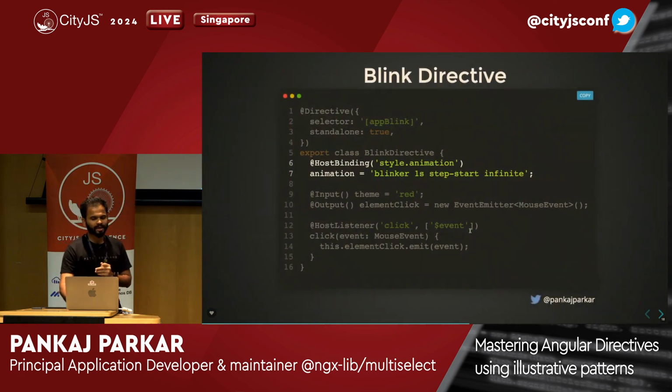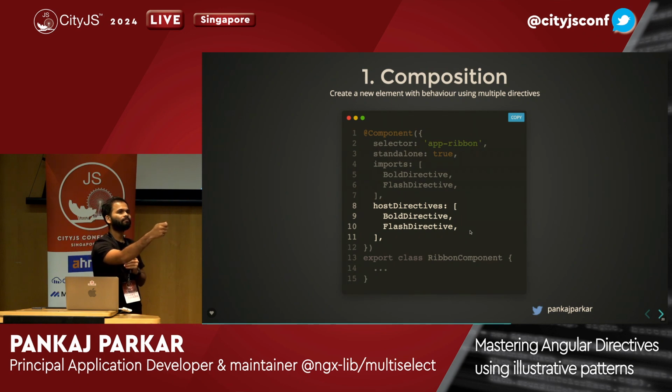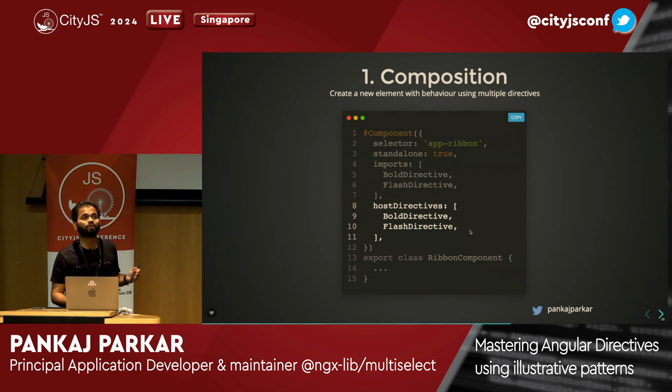So Angular provides something called the host directives property. On that, you can directly specify your directive names, bold directive and flash directive. This will make sure that whenever you use the component, it carries the bold and blink behavior every time. So for composition kind of directive, you may explore the host directives property.